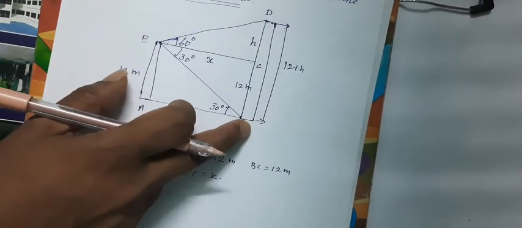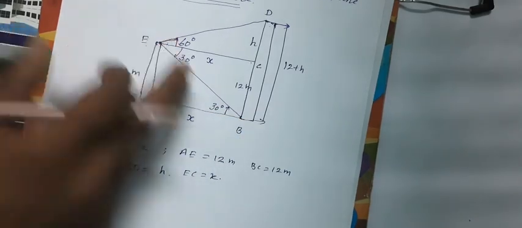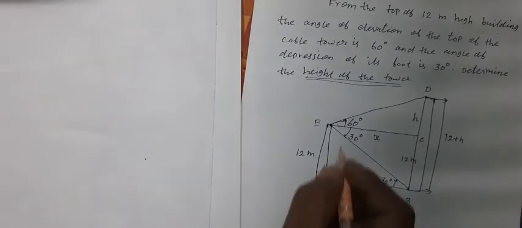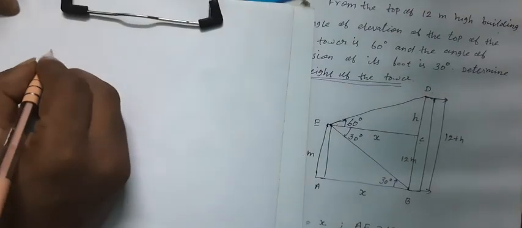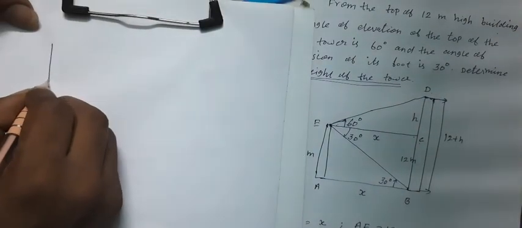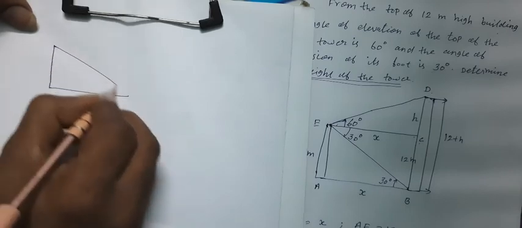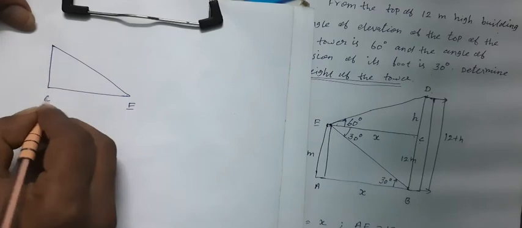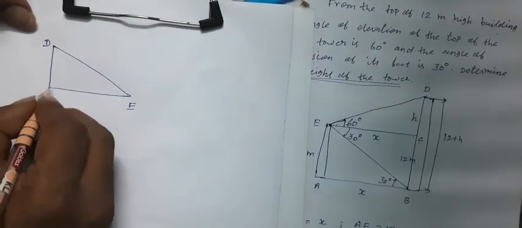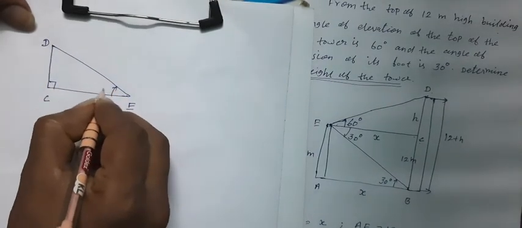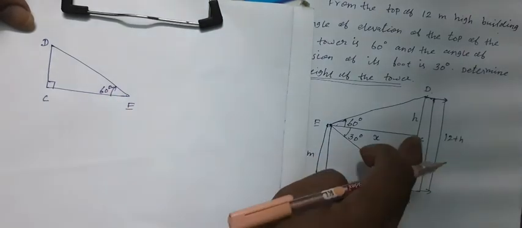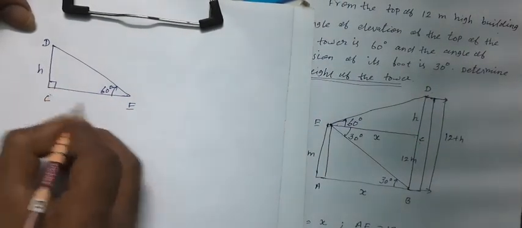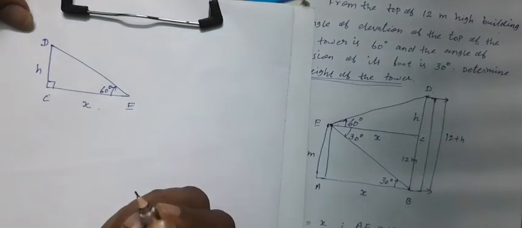So first I can take the 60 degree angle. It is in which triangle? Triangle ECD, right? So first I take the right angle triangle ECD. Here the angle is 60 degrees, CD is h and EC is x.